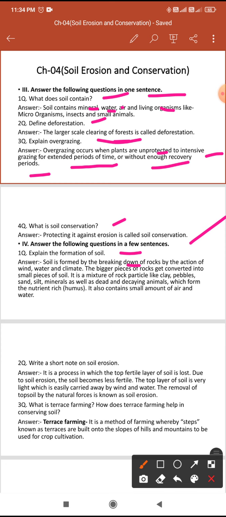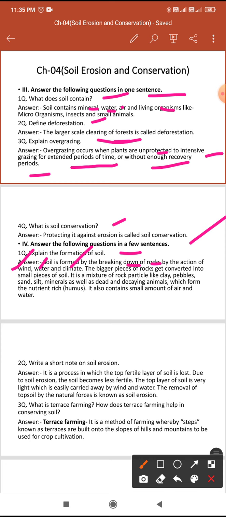Why? Because earlier on earth no soil was there. Okay, only rocks. So soil is formed by the breaking down of rocks by the action of wind, water and climate.